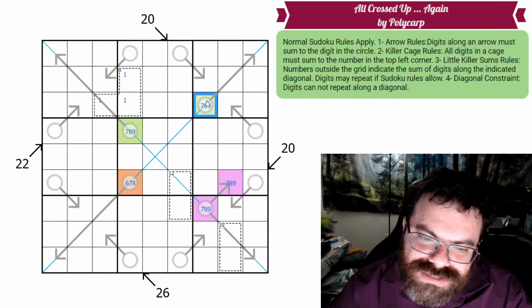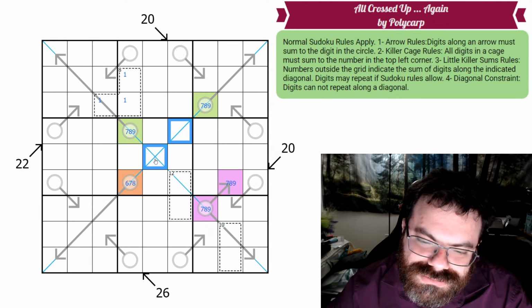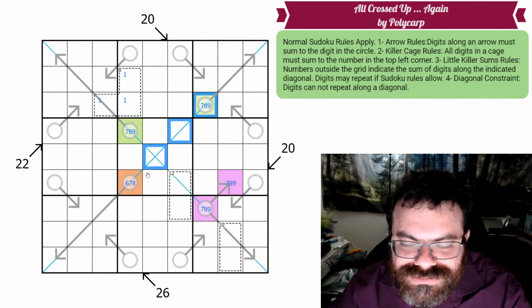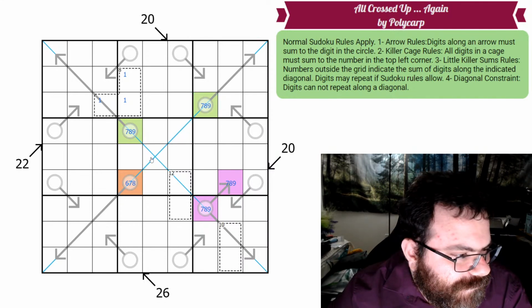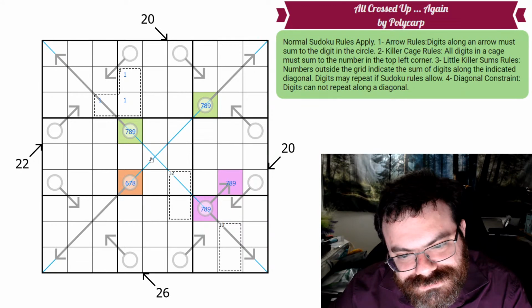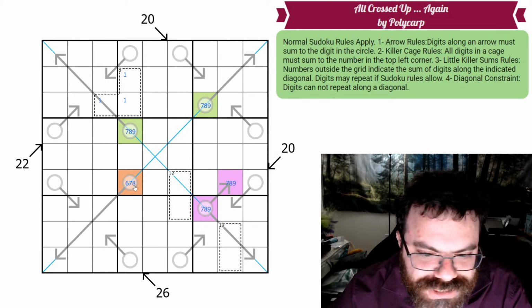No, this could be 9. If green is not 9, then 9's one of these two. The green 9's one of these 3. I don't think the orange arrow. There's a 1. Oh, it's true. There is a 1 on 1.